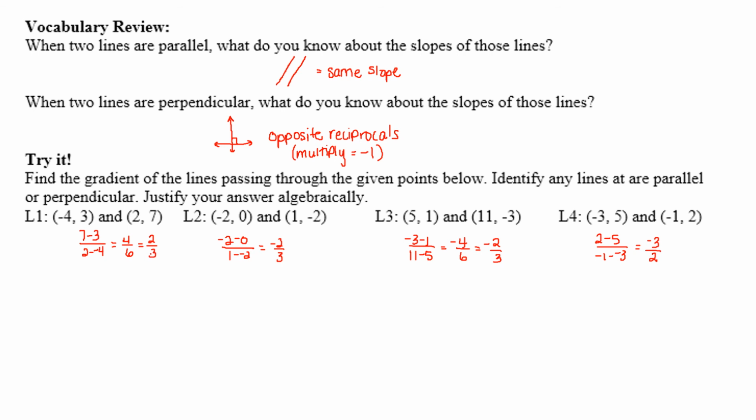So I've got all of my slopes written here. I'm looking for parallel lines would have identical slopes. The only two that I see that are identical are line 2 is parallel to line 3. Those two had the same slope.